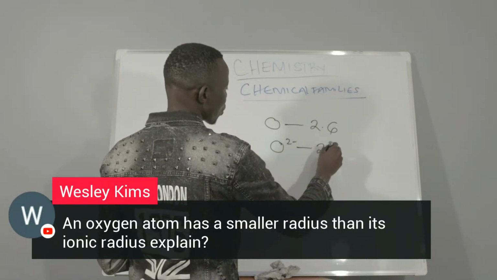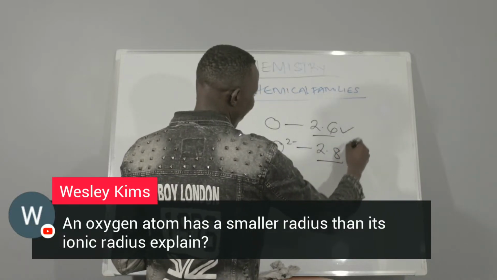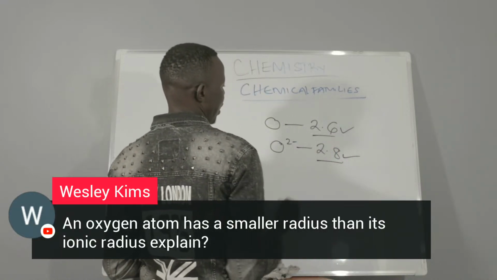The oxygen ion has 2:8. Now this is smaller than this. Why?